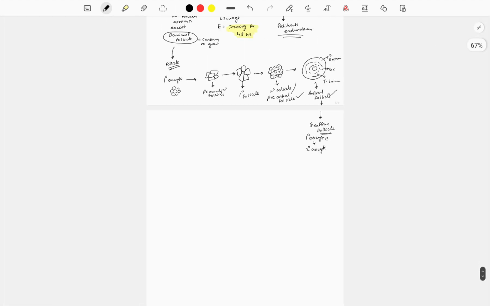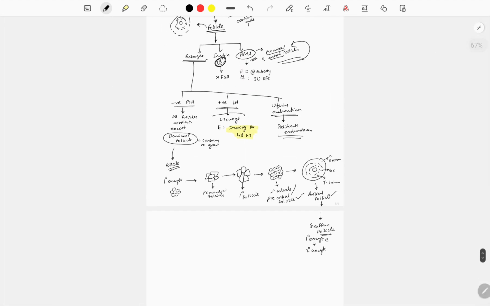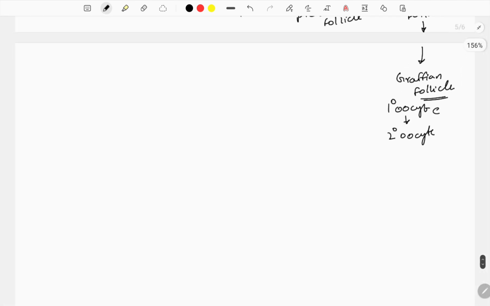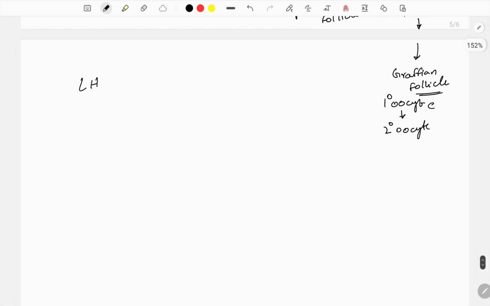Now we're going to learn about this step, LH surge. We learn why and when LH surge happens. It happens when estrogen is more than 200 picograms for 48 hours. This is when this LH surge happens. What actually happens in LH surge?